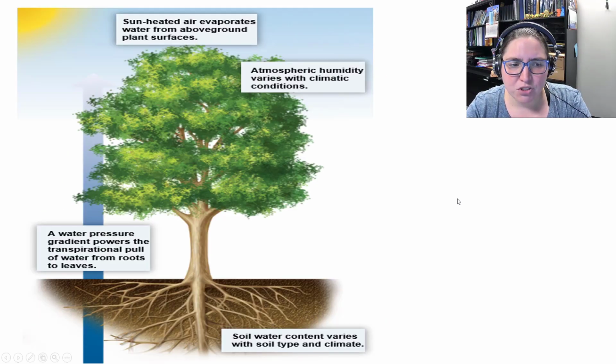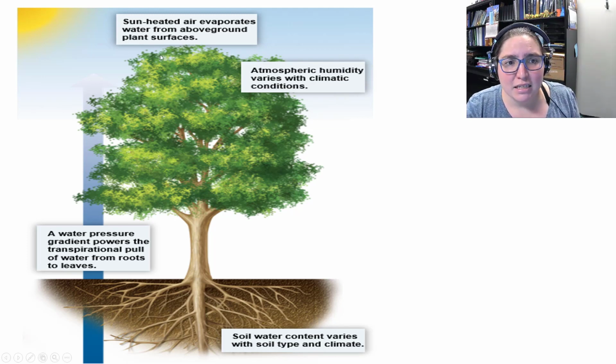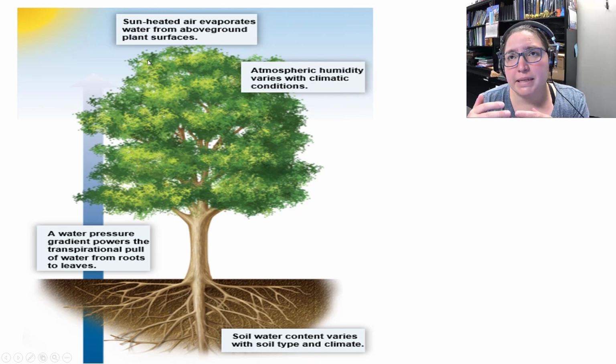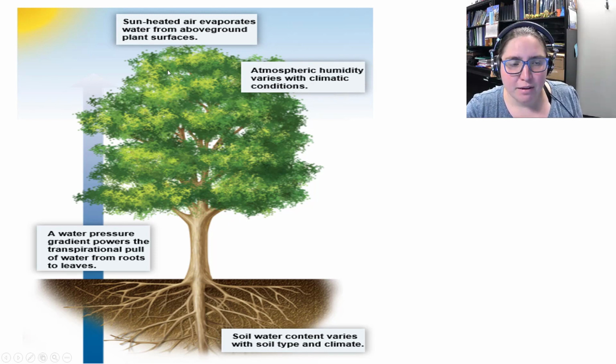This picture gives you literally the big picture on what's going on. You have sun that heats the leaves, and that causes the plant to lose water from its leaves or its body surfaces. The water is going to go from the leaves to the atmosphere, and then the water is going to be pulled up all the way from the roots to eventually replace that water.